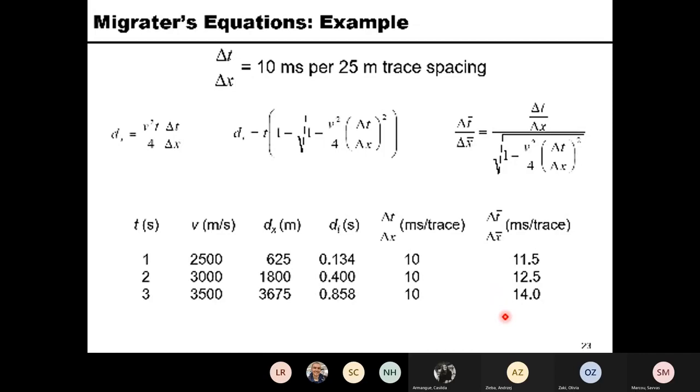This sort of numerical calculation gives you a quantitative idea why migration is so important, because none of this can be ignored, right? The horizontal shifting, this shifting is 3,675 meters. It's quite a long lateral shift.